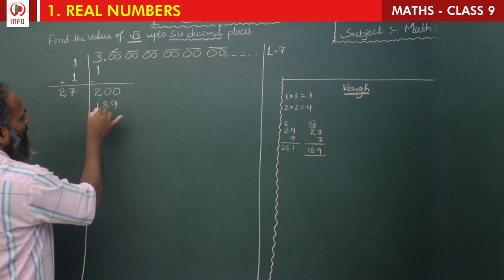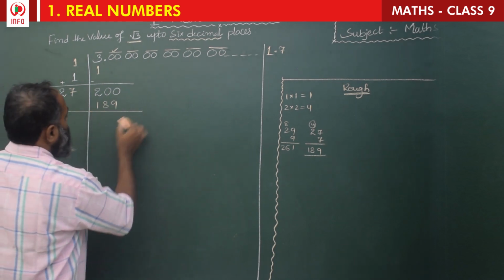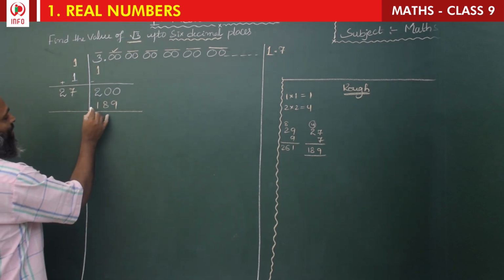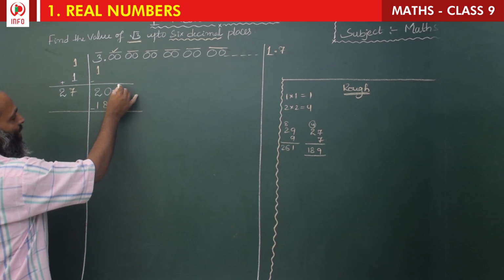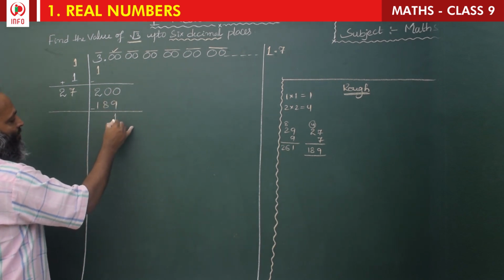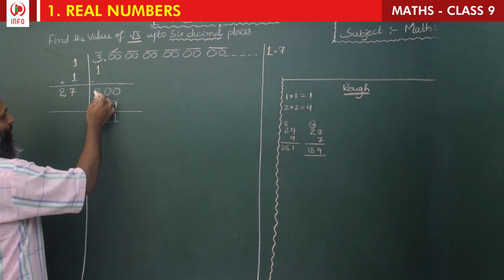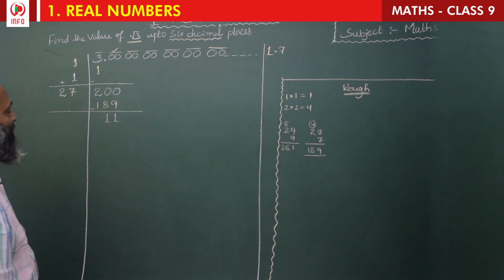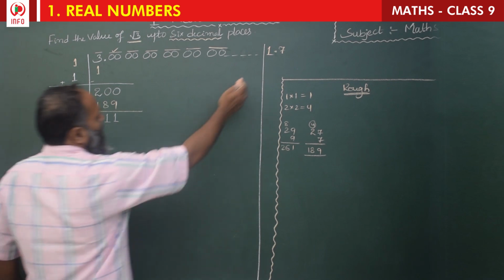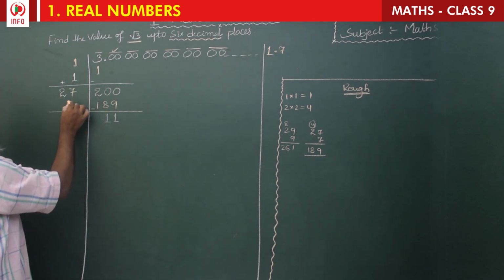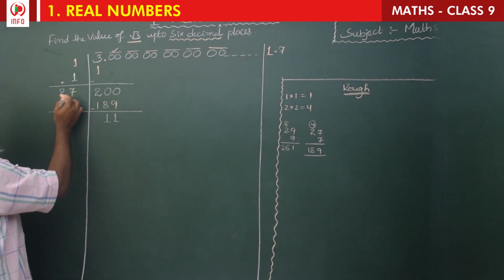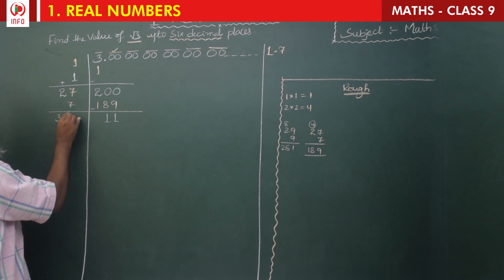Now subtract. 10 minus 9 is 1. Here 9 minus 8 is 1. Here 1 minus 1 is 0. So 11. Again we should add this 7 here: 27 plus 7 is 34.